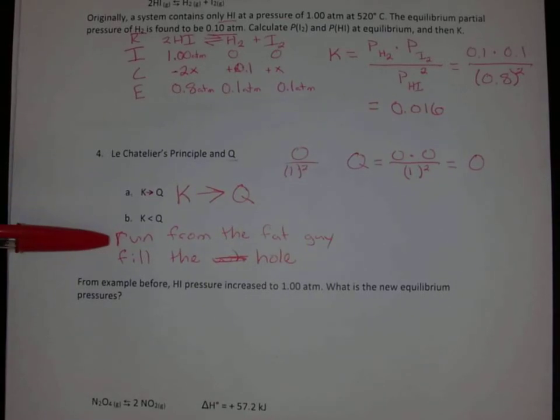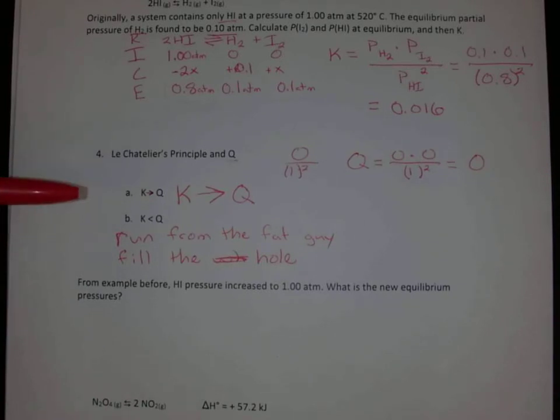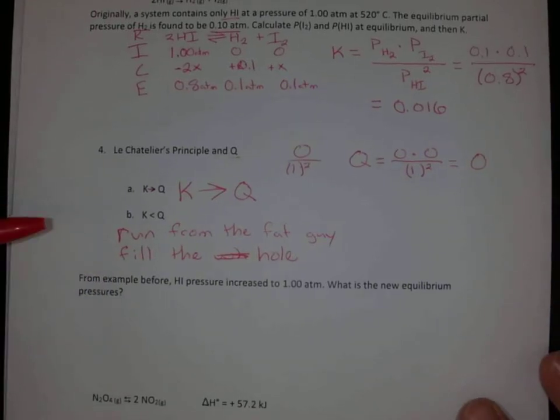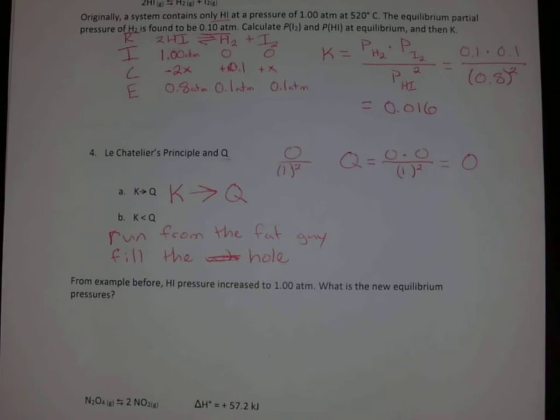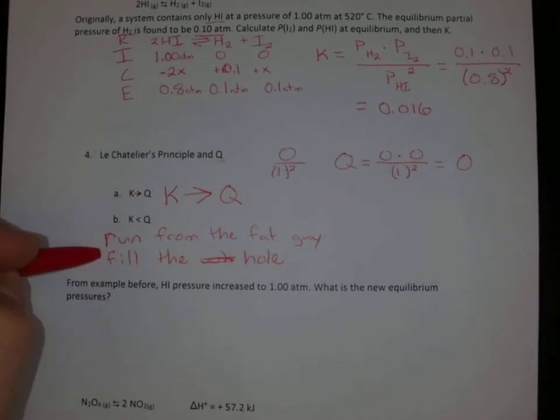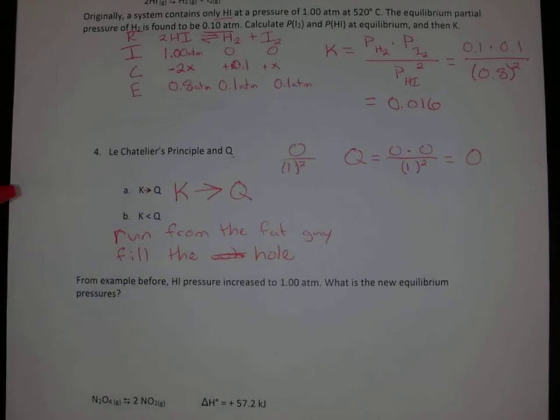So this phrase is going to be very useful for us to remember and understand where our equilibrium is going to move. We are going to use this to understand and identify where our equilibrium is and how we can get back to that equilibrium. But we are not going to use this when we write and explain and justify our answers.